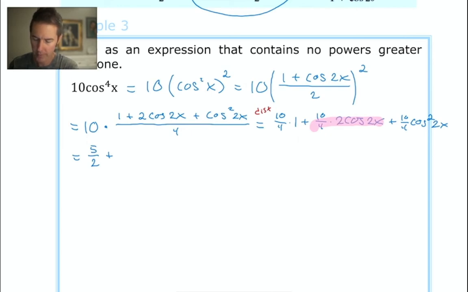So we end up with just 5. Your other option is to think of this as 20 over 4, and 20 divided by 4 is equal to 5. So there's the 5 and the cosine 2x. And then a plus sign. And then it says 10 fourths cosine squared 2x. The 10 fourths is going to reduce to 5 halves.